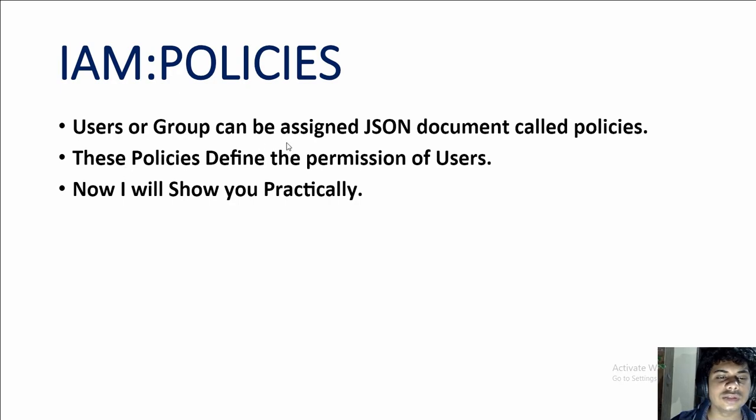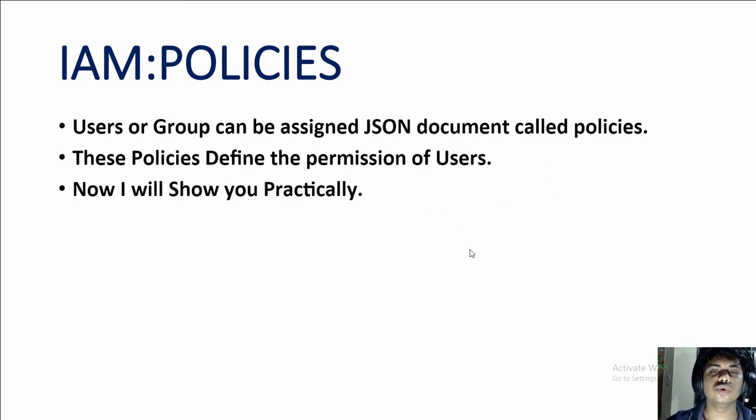These policies define the permissions of users. It means when you are added in a developer group, there are policies assigned to you, so you can use only the services which are assigned to your user. I will show you that. Just wait for 2 minutes.